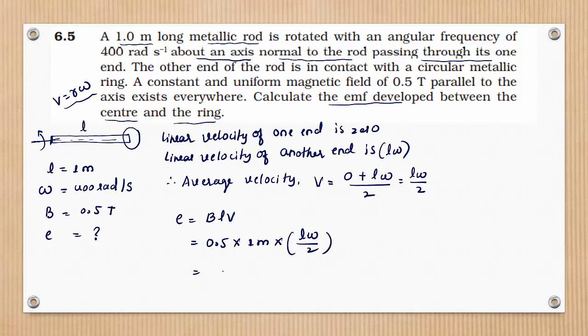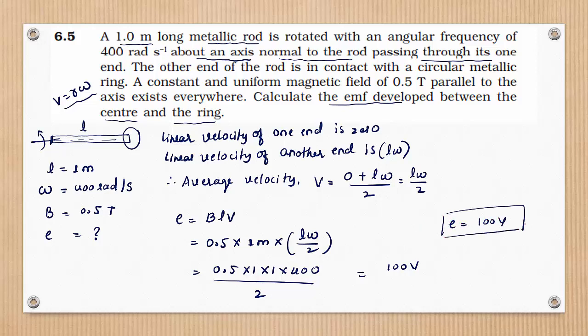So 0.5 into 1 into (L value is 1, omega value is 400) divided by 2. Calculate this value, we will get the answer 100 volt. What is the value of E? 100 volt. This is the induced EMF, or the EMF developed between the center and the ring.